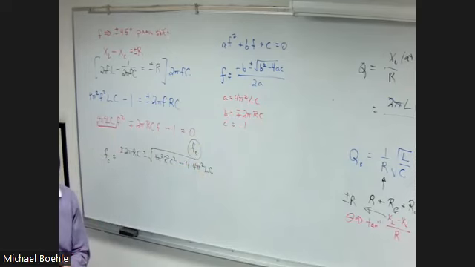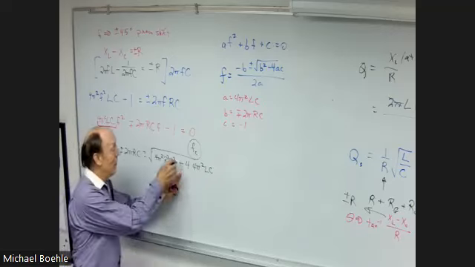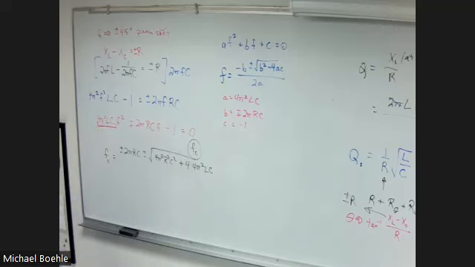And what is C? Negative 1. Minus 1. So what does this become? All divided by 2 times A. Didn't make my quadratic long enough there.